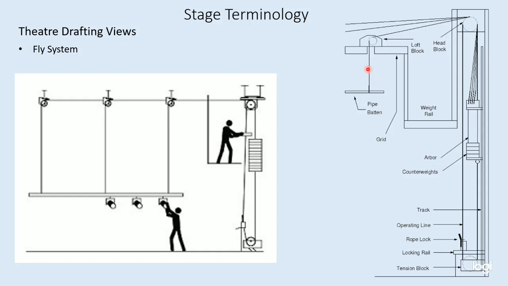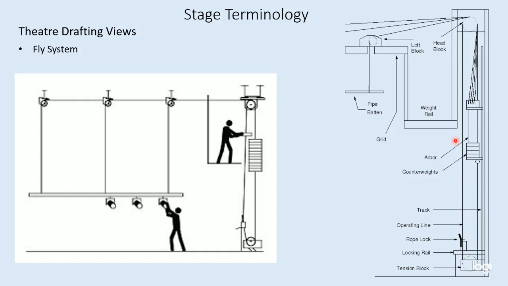Then we go up to these loft blocks, which are just pulleys up in the grid, which is the steel on the top of the theater. They go over to another giant pulley, and then they hook to this cage known as an arbor, where we're able to stack counterweights.